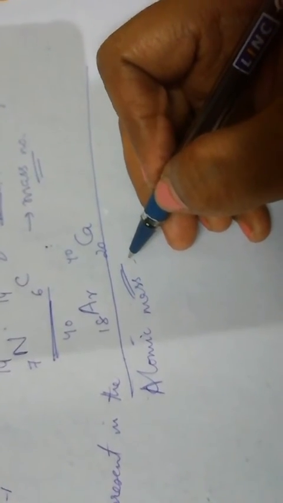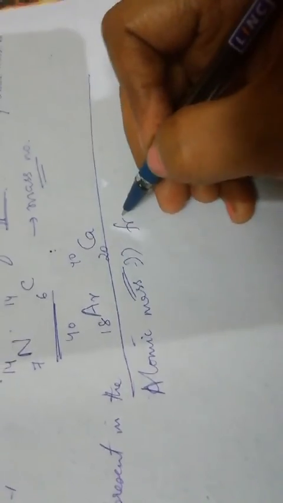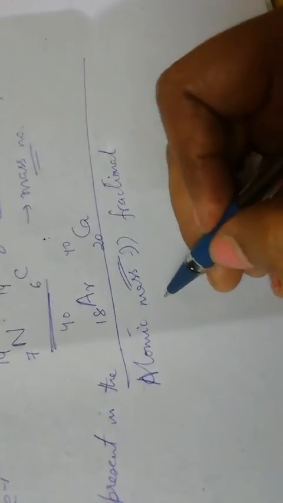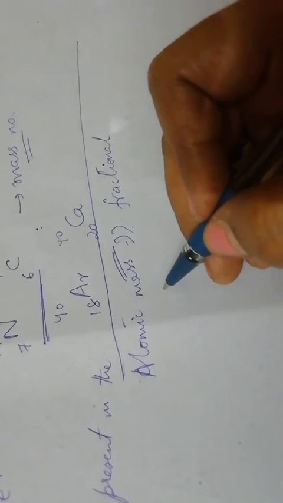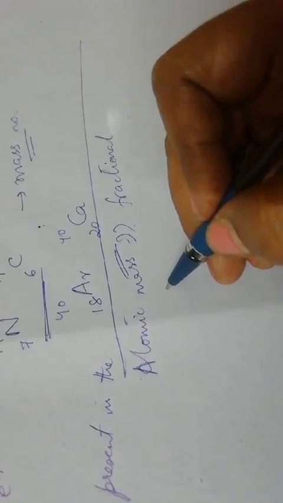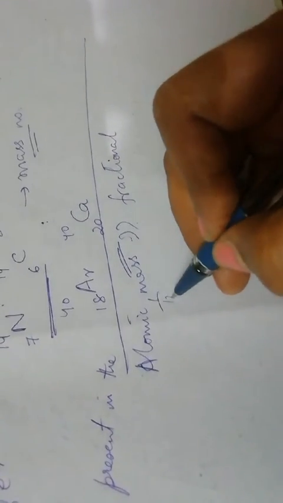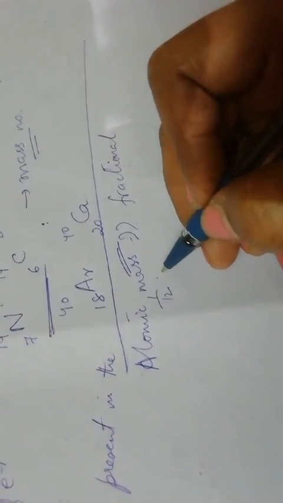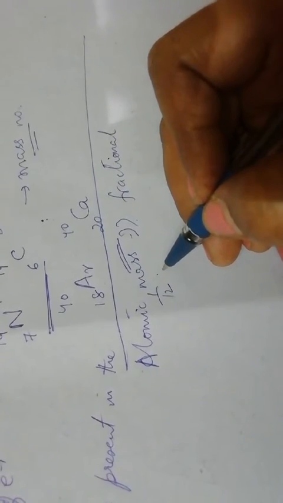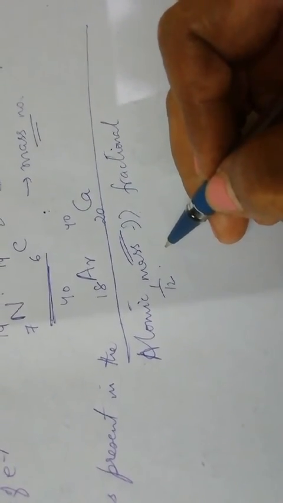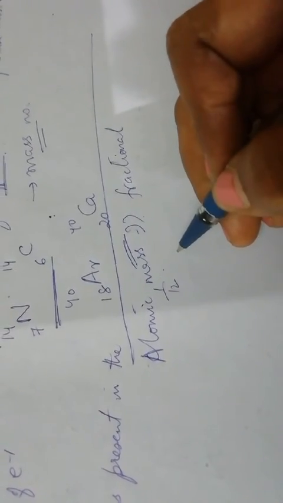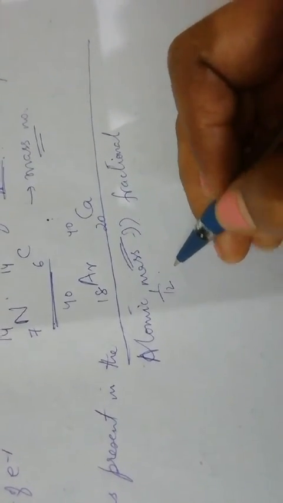Yes, it can be fractional. Now, atomic mass is the ratio of the mass of the average of all the isotopes of an element to the mass of 1/12 of a carbon-12 atom. I repeat, atomic mass is the ratio of the mass of the average of all isotopes of an element to the mass of 1/12 of carbon-12 atom.